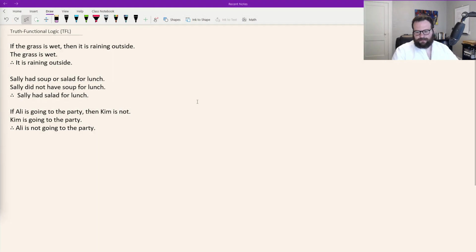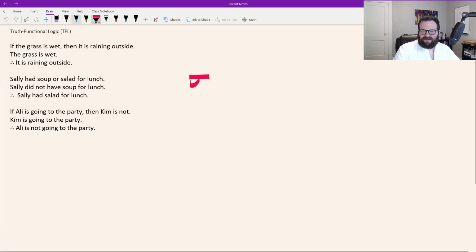Okay, so this is a critical point to make because some arguments, by our definition of validity that we've gotten already, could seem valid only because of their meanings, right? So, for example, suppose you have the premise, let's get a different writing instrument.